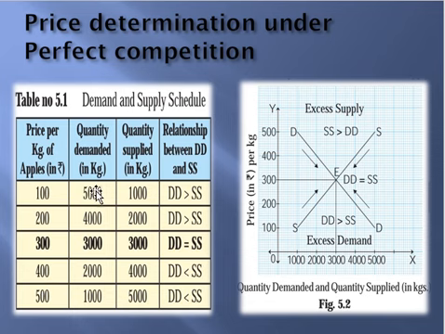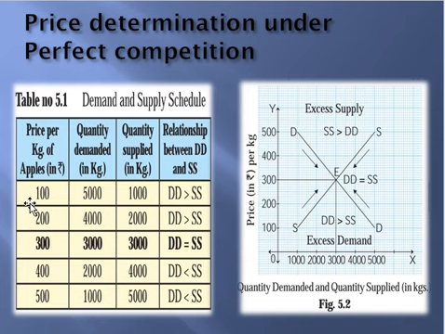The quantity demanded in kg is 5,000, 4,000, 3,000, 2,000, 1,000. Similarly, quantity supplied is 1,000, 2,000, 3,000, 4,000, 5,000. On the basis of the first three columns, we are going to understand the relationship between demand and supply. So let us have a look at it.